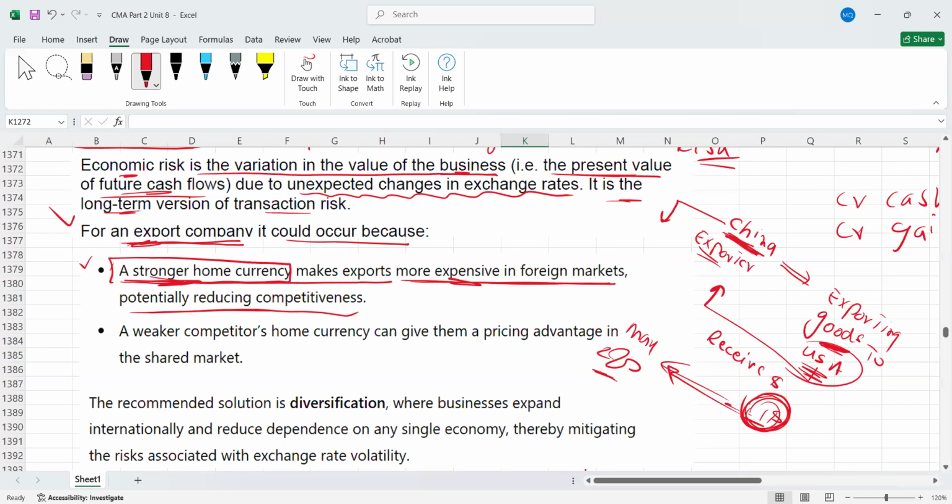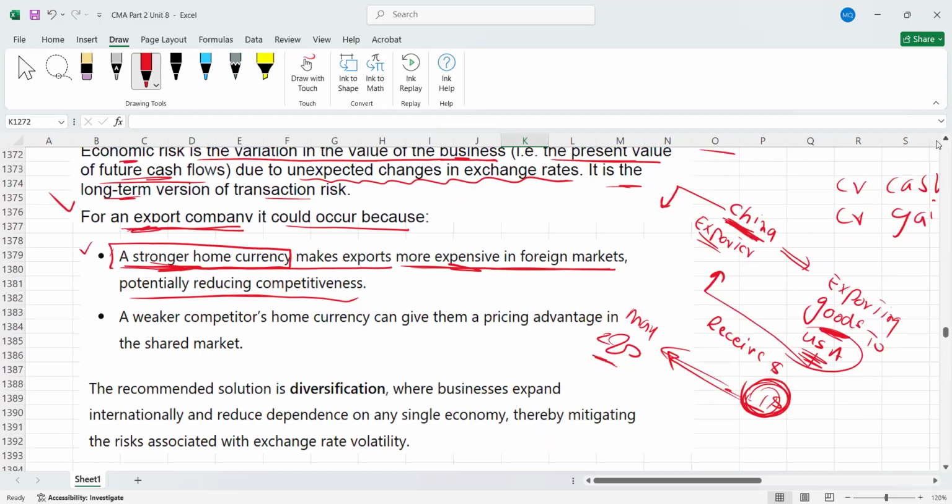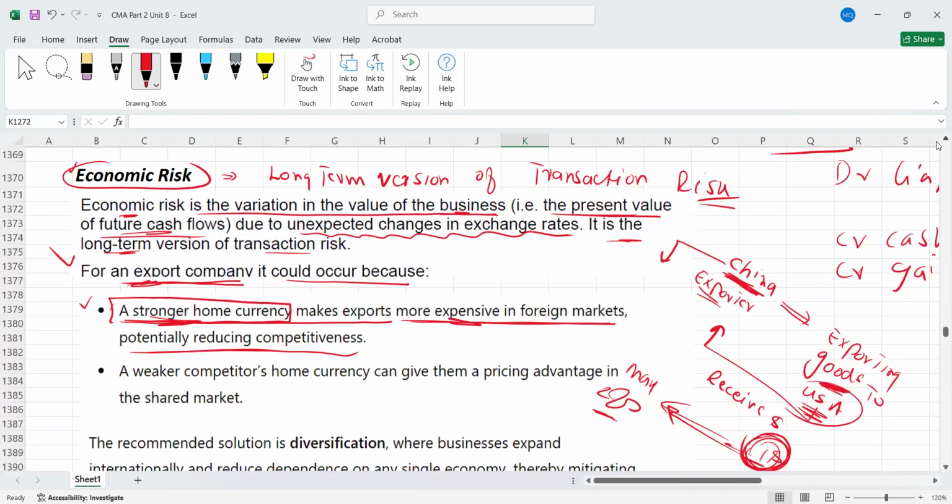So if you want to increase your export, what is better? Your currency should be weaker. If it is weaker, your product will become more affordable to the foreign customers. Okay, this is what I'm trying to say. Now please remember here, especially economic risk, how it will affect you.